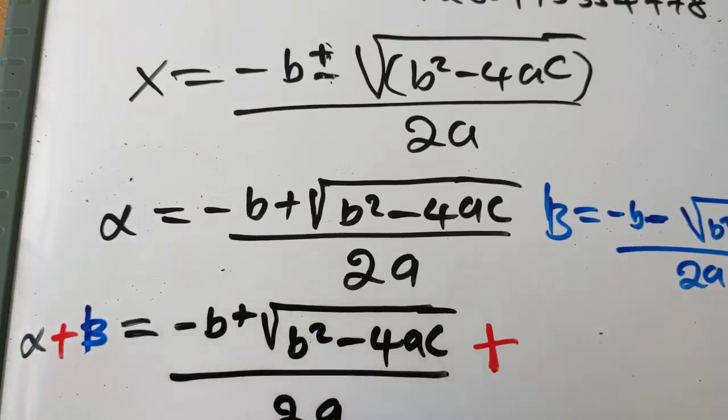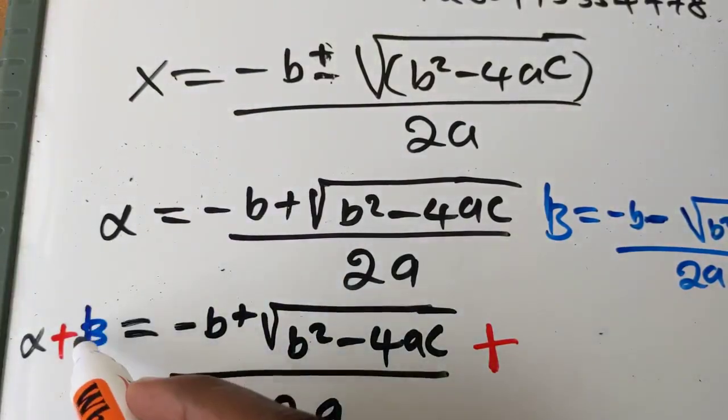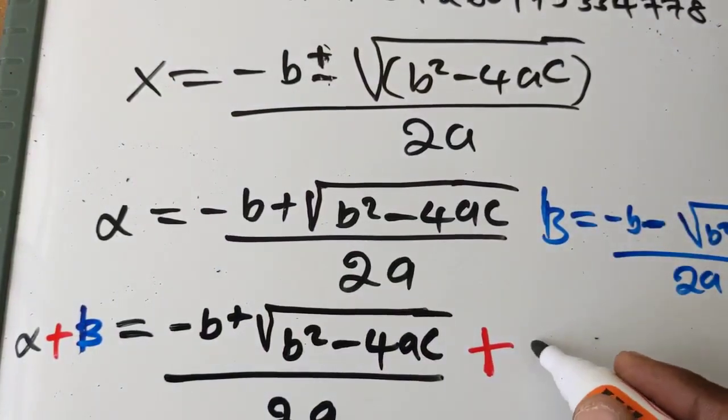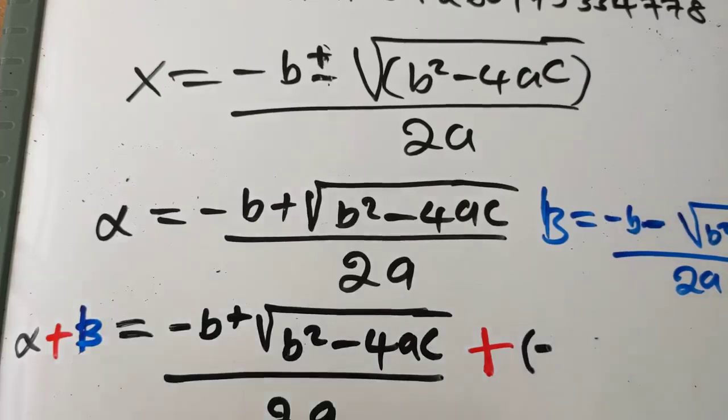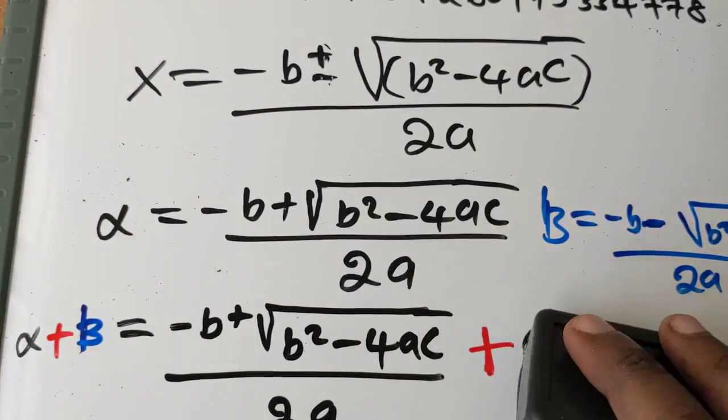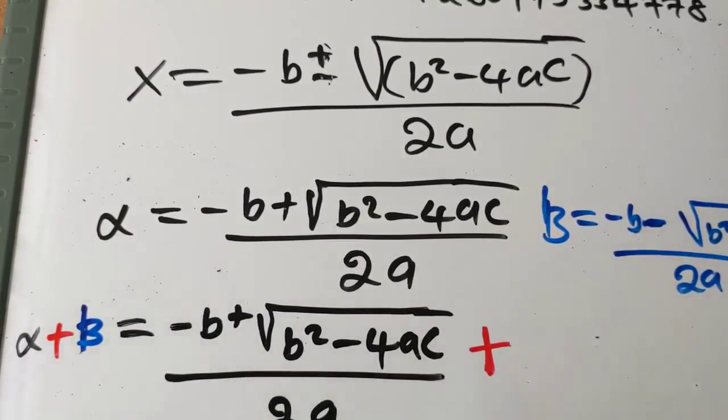So the sum is addition, plus. This is beta, so we are getting the formula for beta. When there is a negative sign, we put it like this. Let me use a blue marker to show you that this is alpha, this is beta.